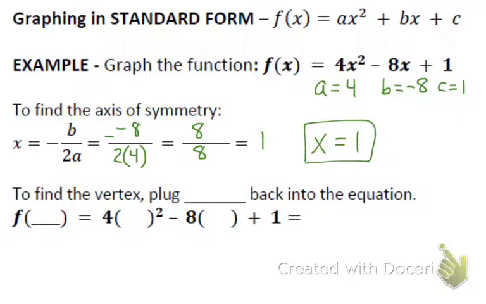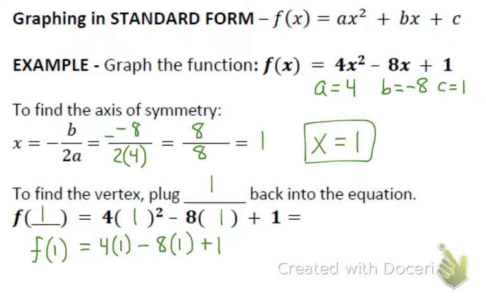To find the vertex, we're going to plug that 1 back into the equation. So anywhere there's an x, let's put 1. So to find f of 1, the y value at 1, let's plug it in. We'll use order of operations. 1 squared is 1, 4 times 1. All right, we did our exponents. Now we still have multiplication.